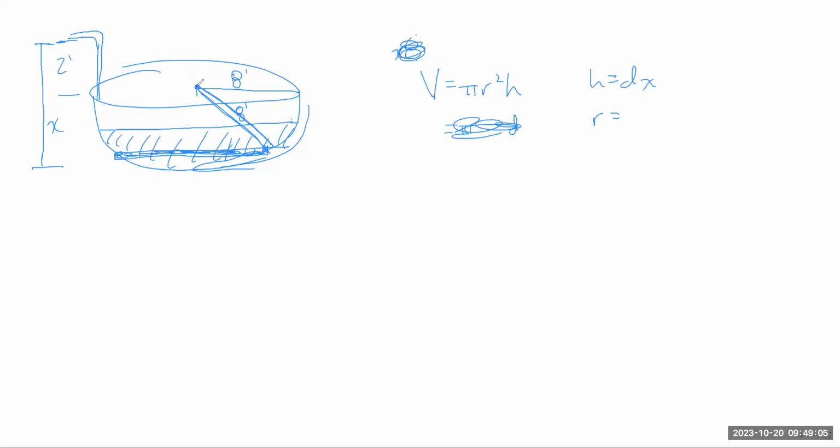What is this height? 8 minus x. Is it 8 minus x? I don't think it is. So if you would like to redefine x, let's think about it. Otherwise, what would this distance be?